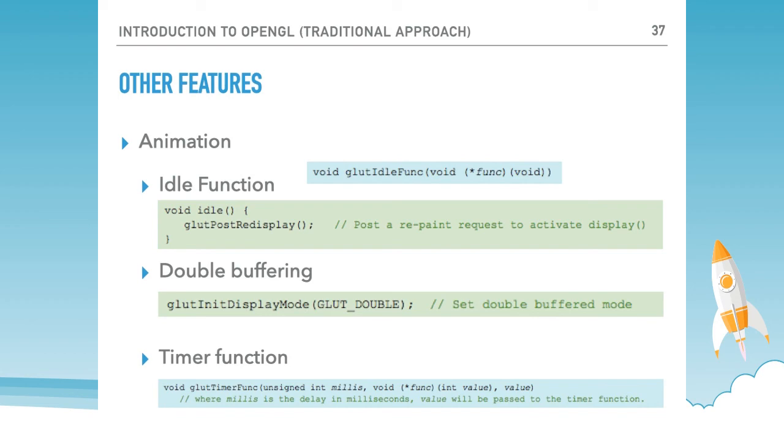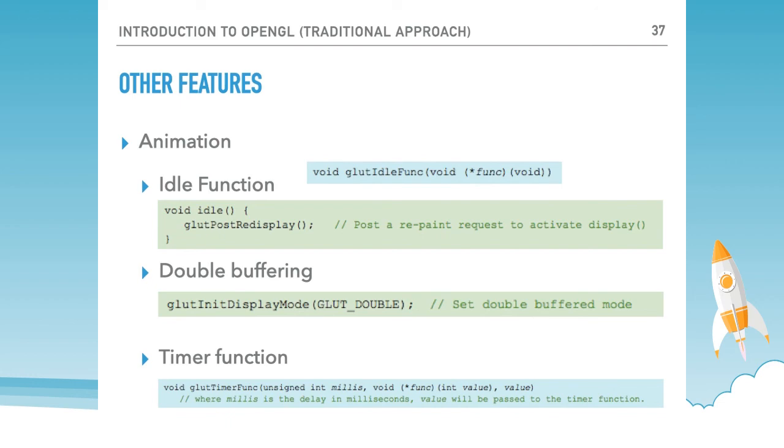And also you can do double buffering. Now, double buffering actually uses two display buffers to smoothen the animation. The next screen is prepared in a back buffer, while the current screen is held in a front buffer. Once the preparation is done, you can use this glutSwapBuffers command to swap the front and back buffers.